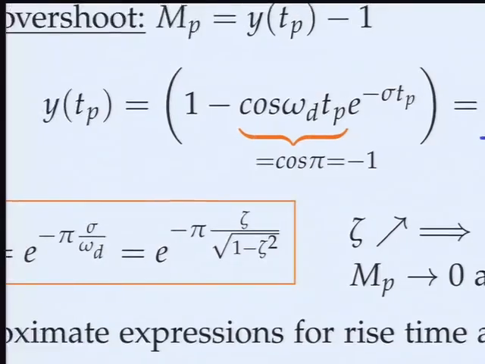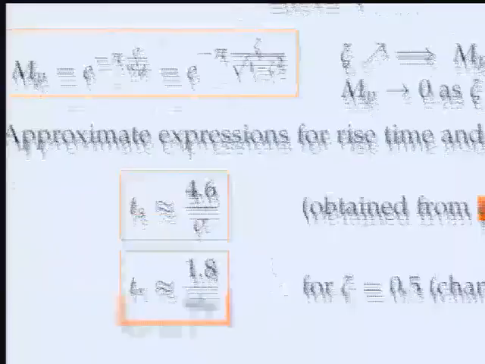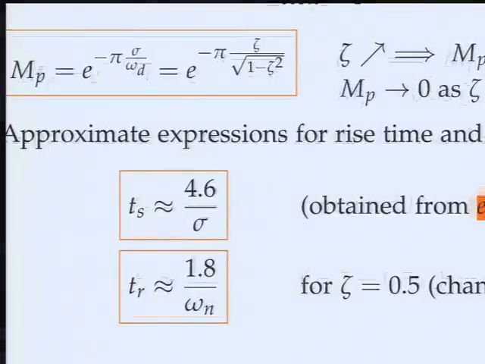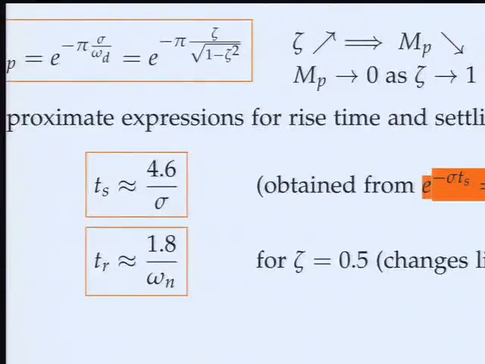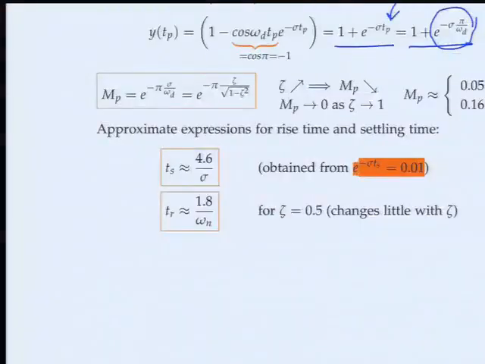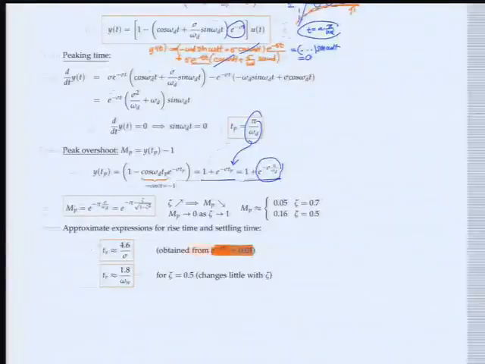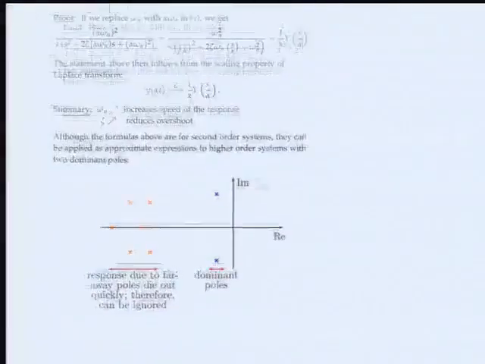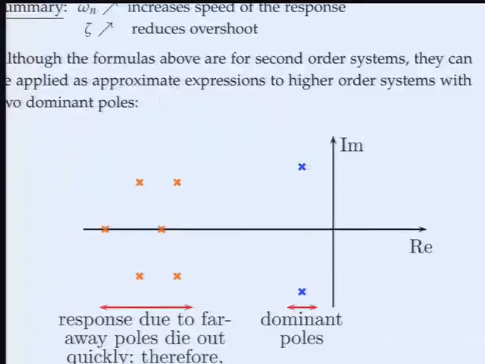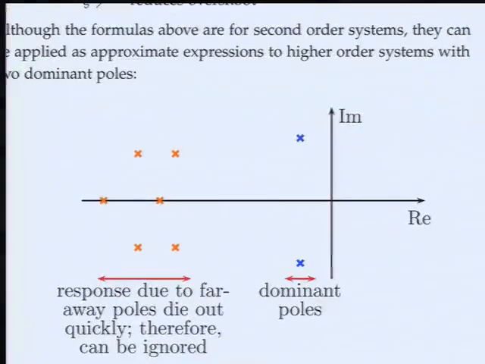Okay. So now, how useful are these formulas? Because they're only for second-order systems, right? Well, it turns out they're actually still quite useful. So what people do in practice is, if you have a system with a bunch of poles, right? You may have 2 that are sort of closer to the imaginary axis, and many others far away.